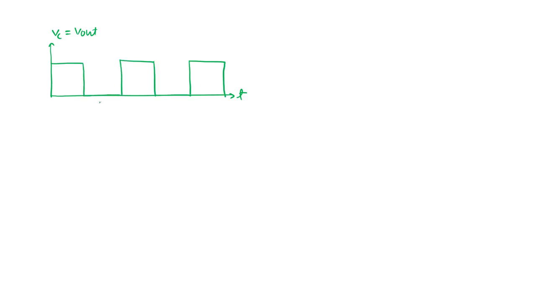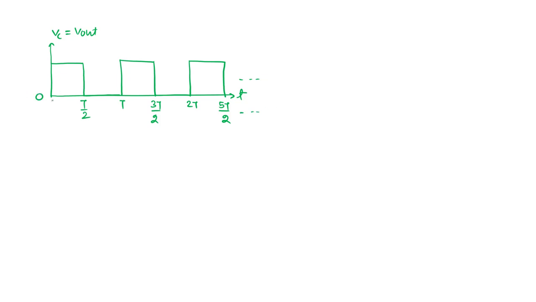Again, the same thing will happen, that I should say it as VC, also called V out. And this is my time, and I should first plot the input current. Okay, so this is my T by 2, T, 3T by 2, 2T, 5T by 2, and so on.